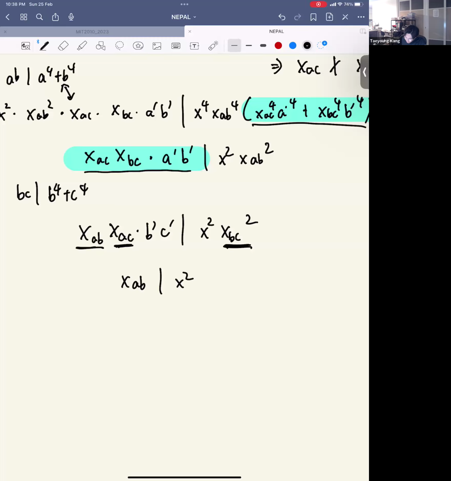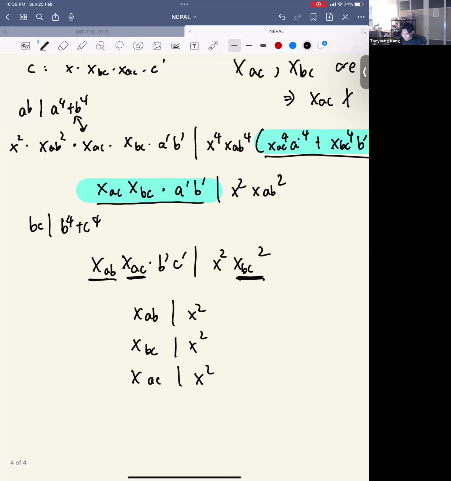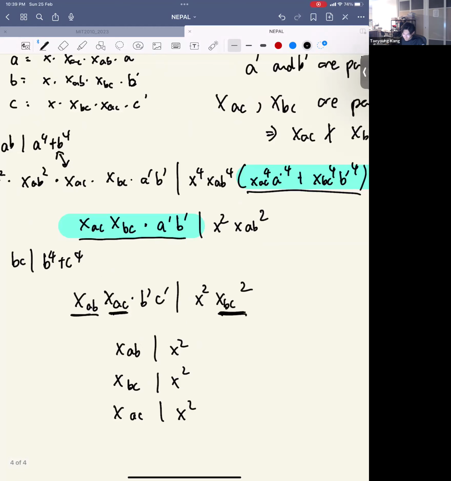And similarly, XBC divides X squared and XAC divides X squared. Do you guys get the reasoning? It's from comparing these two.